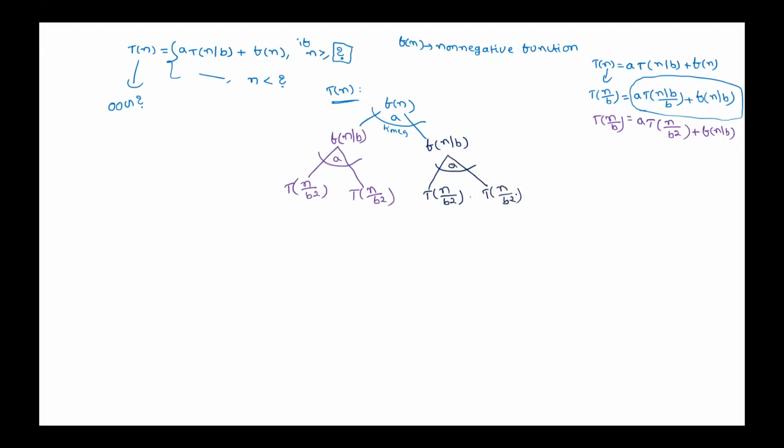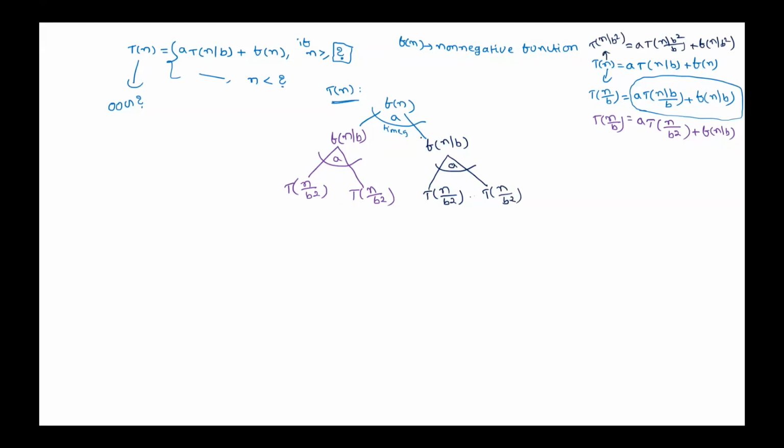Now what is T of n by b square? Wherever n is there, n by b square. Then A is there, n by b square, already by b is there, plus f of n by b square. Is that okay?